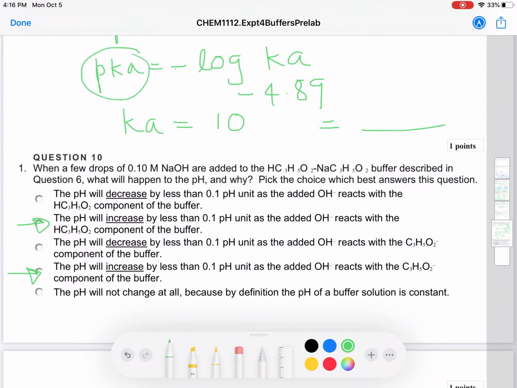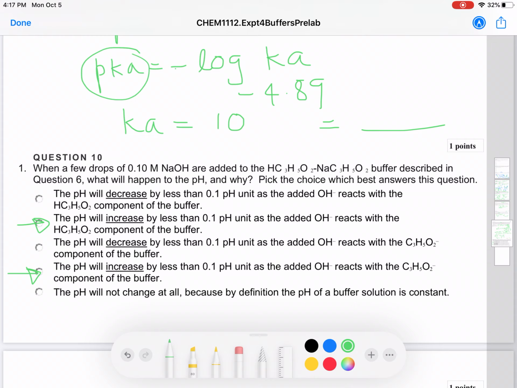The other one says the pH will increase by less than 0.1 unit as the added hydroxide reacts with the basic component of the buffer. Both choices have the same first part and it is correct: the pH will increase less than 0.1 because it's a buffer region. A buffer is when you add a few drops of acid or base, the pH should not change dramatically.